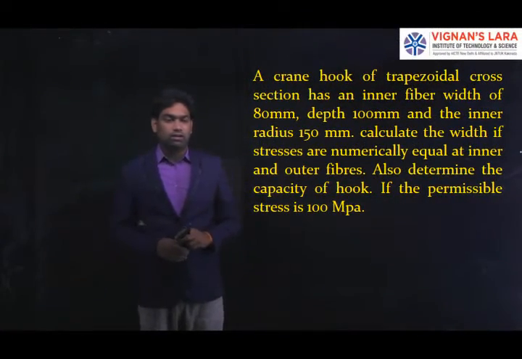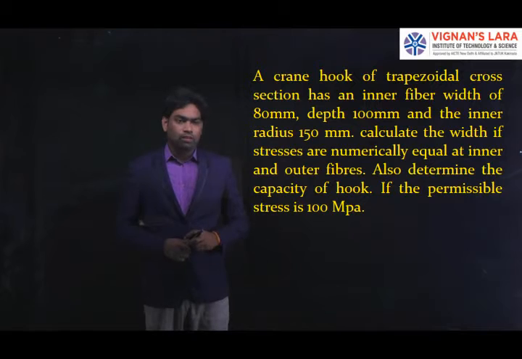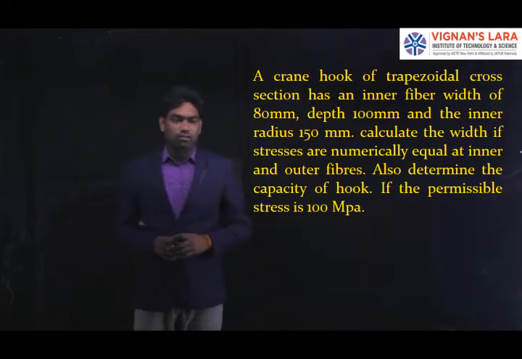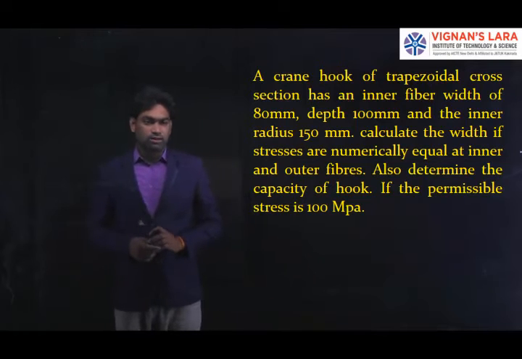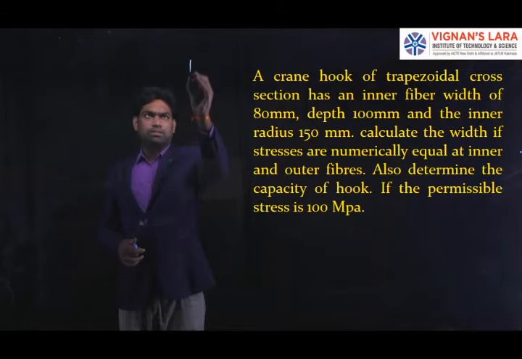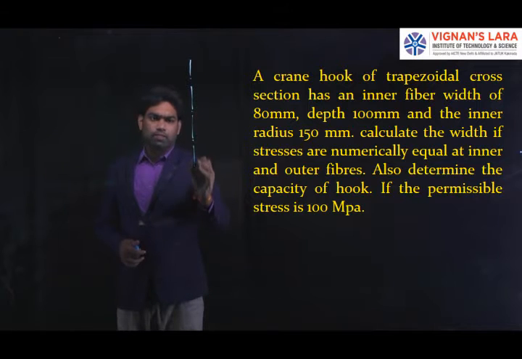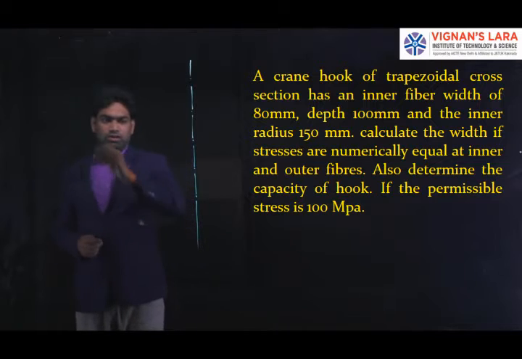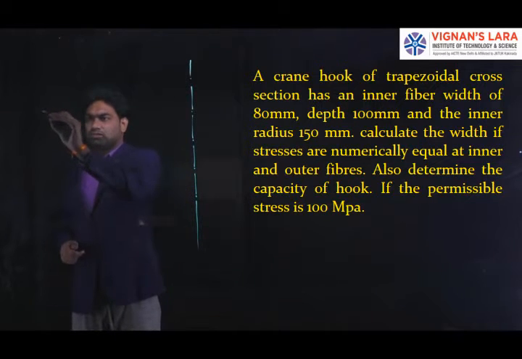So here one more example problem. It is again a crane hook of trapezoidal cross section, with an inner width of 80, depth 100, and inner radius given. In the initial step, we need to draw a separate cross section for the trapezoidal crane hook.